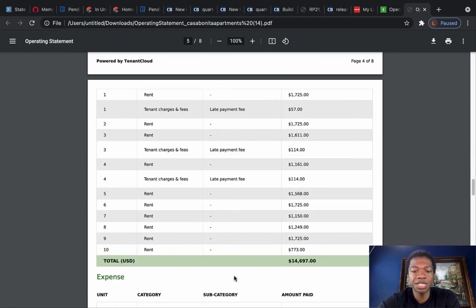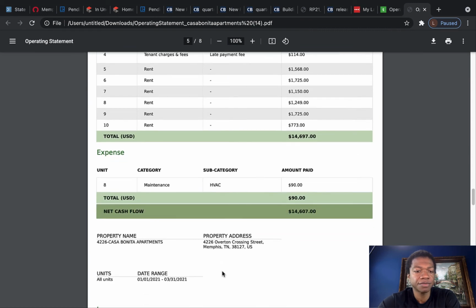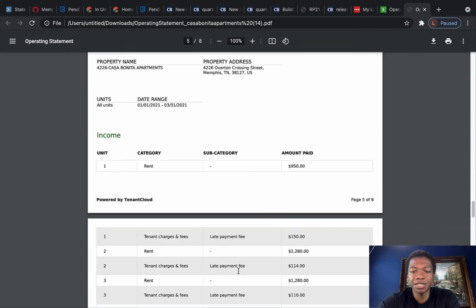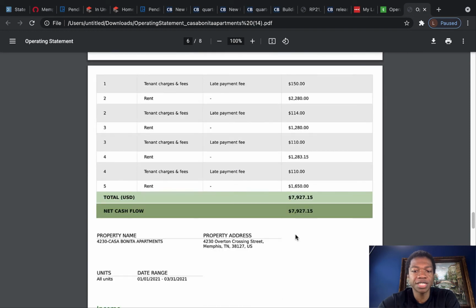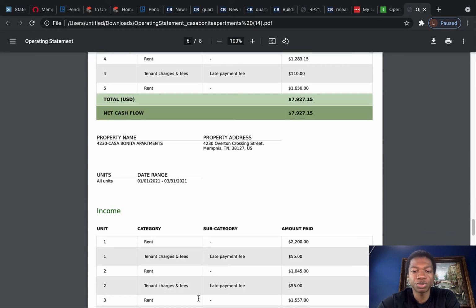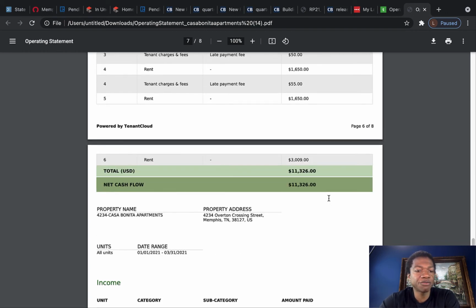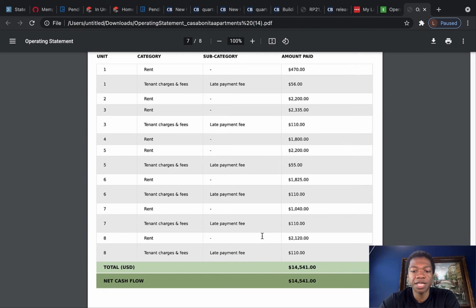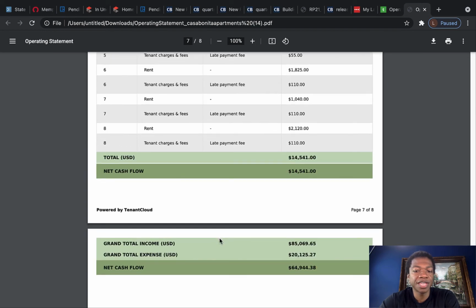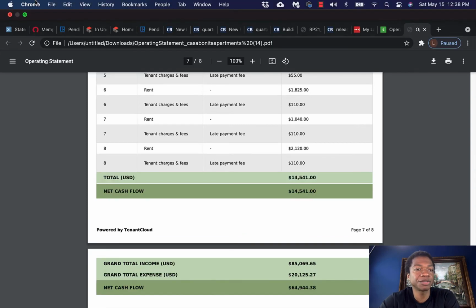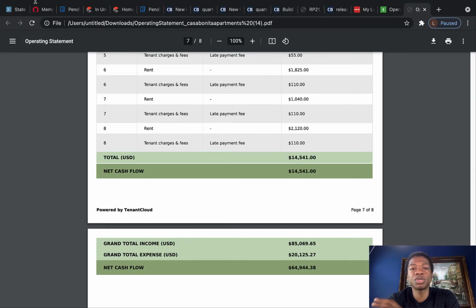This one bought in $14,697. We got a 4226 address. Looks like this one bought in $7,900. A 4230 address. Looks like this one bought in $11,000. A 4234 address. And looks like this one bought in $14,500. And so we can see that our total income for the first quarter of 2021 was a little over $85,000. $85,000 and basically $70.